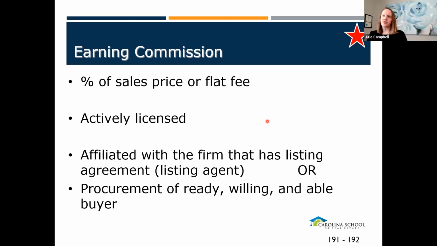The agency relationship is between the client and the... Hint, the client could be the buyer or the seller.